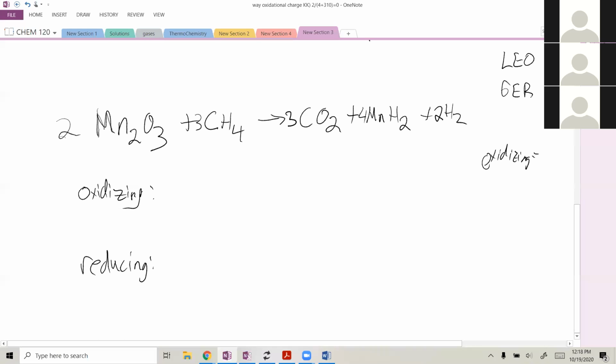What do you guys think? Right? Oxidizing is losing. So remember, Leo the lion goes grr. What that means is oxidizing loses electrons.